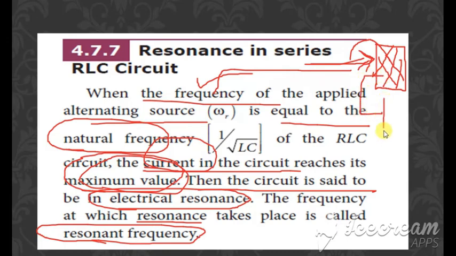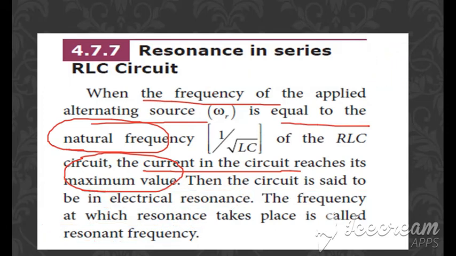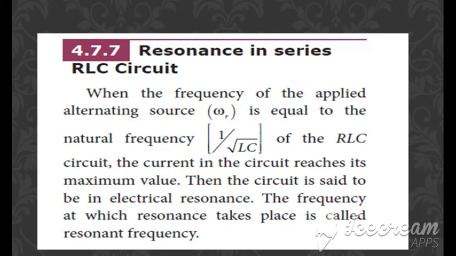Suppose this is connected to a current, then it will reach the maximum value. So that is said to be the resonance. Clear with this? So resonance is nothing but, when the external frequency matches the natural frequency, then it will have the maximum current. That is the resonance.